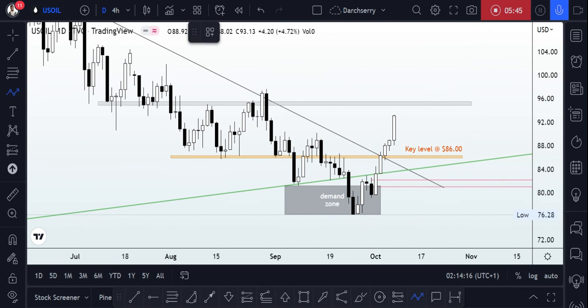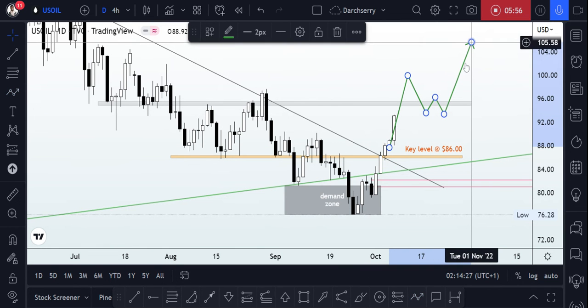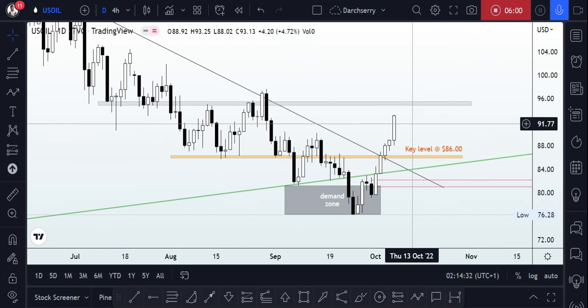Then the other scenario is the possibility that we could be having a breakout of the structure, after which a retest of that area will be giving us the leverage to join the rally to the upside. So these are the two scenarios I'm looking forward to going into the new week.